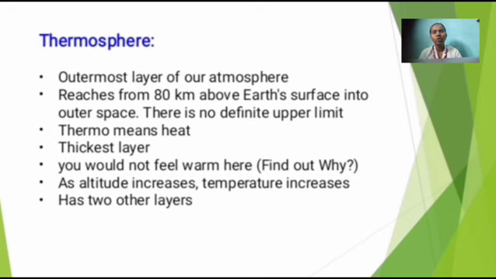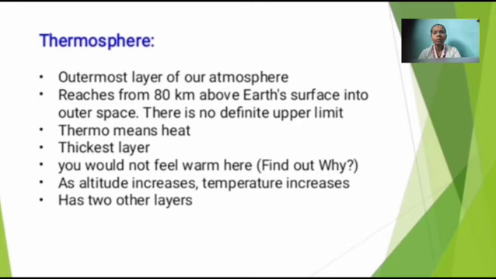Thermosphere. The thermosphere is one of the outermost layers of the atmosphere. It begins around 80 kilometers above the Earth's surface and extends far into outer space without a clear upper limit. The word thermo means heat. This is the thickest layer of the atmosphere.